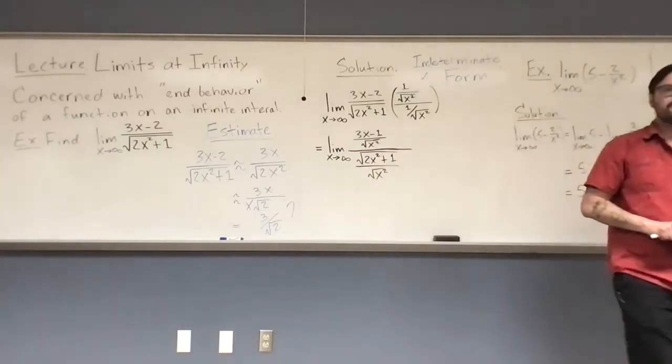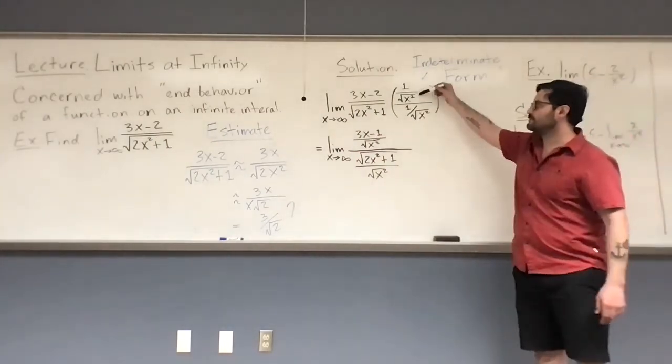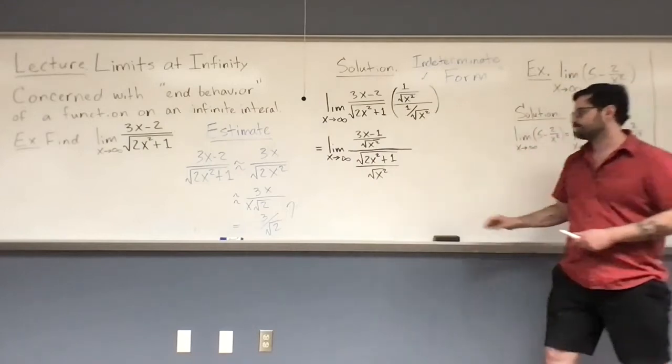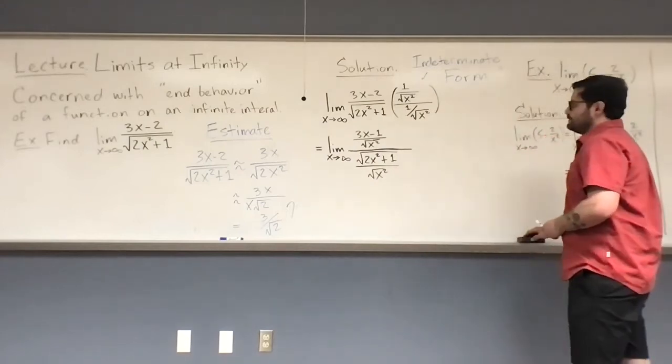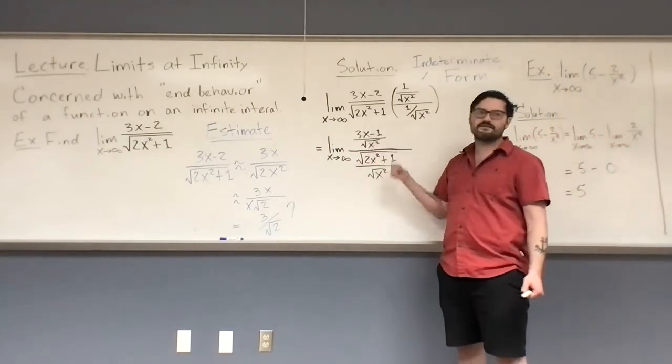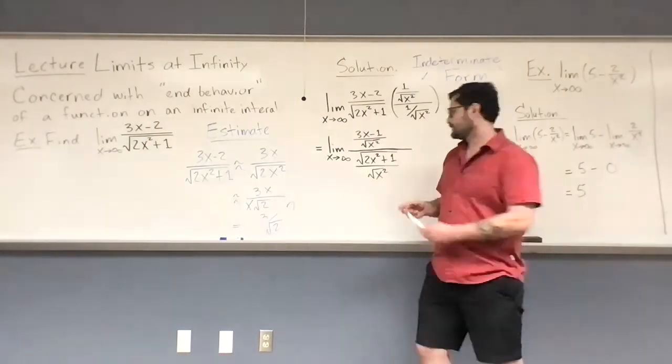And that's what happened. Again, this is a 1, something divided by itself. We didn't change the expression, right? Hopefully all of you see the square root of x squared is just x, right?